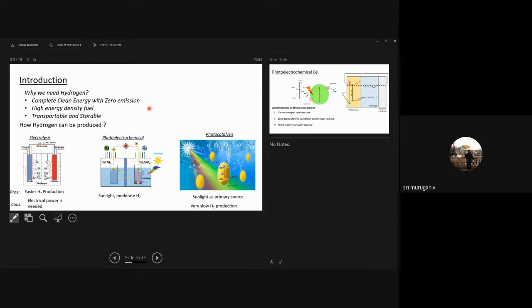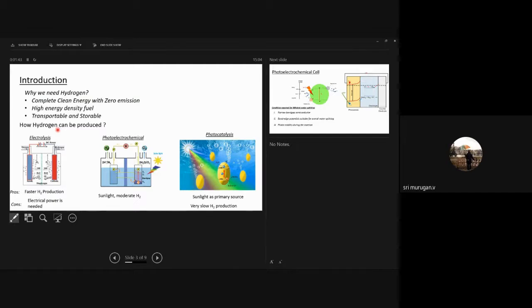We can use it in a fuel cell. This hydrogen energy has high energy density compared to the existing fuels, and it is easily transportable and easily storable. So it is more efficient, better than batteries also.